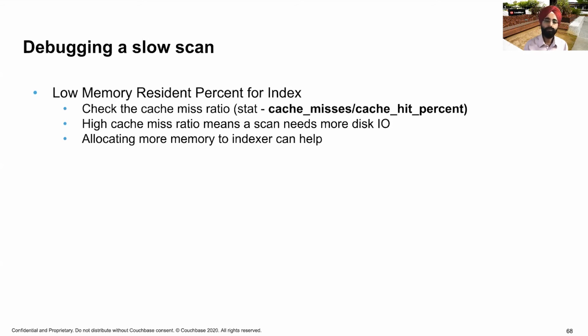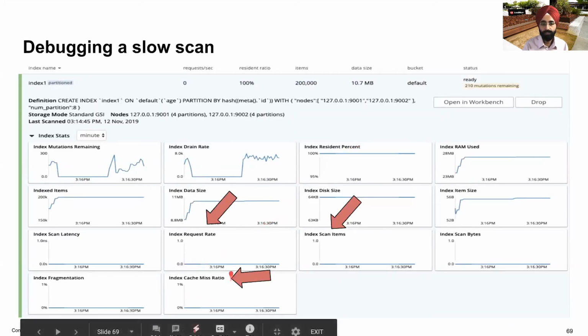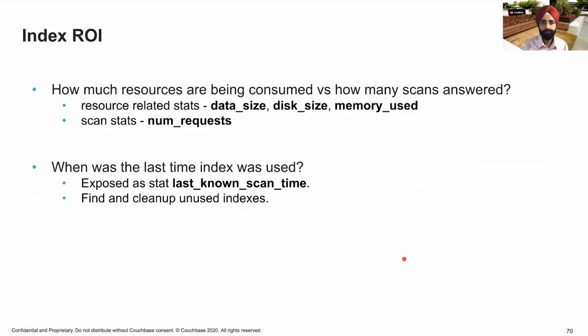To identify that such is the case, there are stats to monitor the cache miss ratio or cache hit percent. If the index in question has a high cache miss ratio and a low cache hit percent, then it means that allocating more memory is going to help. These stats are available in the admin console as well, the index cache miss ratio, and it can be looked up from there.